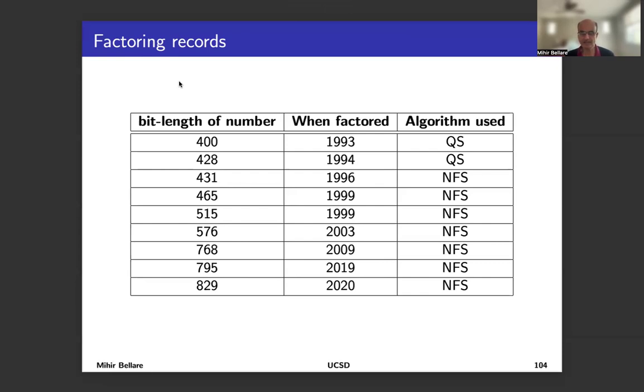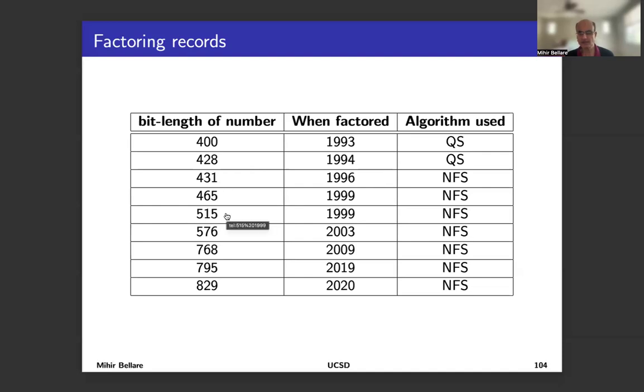And then people try and see how big the number has to be to make factoring difficult. And you can see the evolution. In the early 90s, people were able to factor 400-bit numbers, and that crept up. That used the old quadratic sieve algorithm. Once the number field sieve algorithm came in, progress was faster, and people were factoring longer and longer numbers.